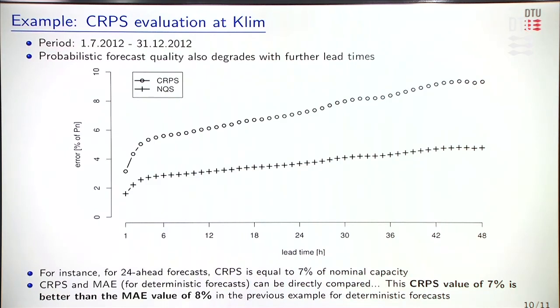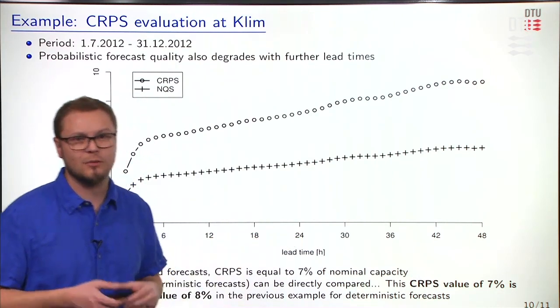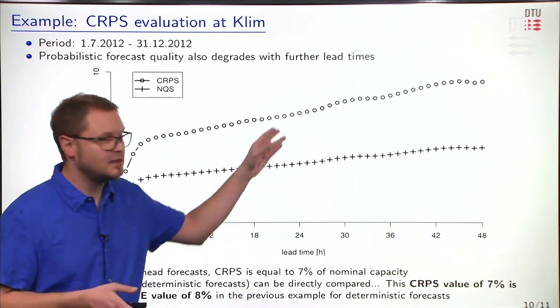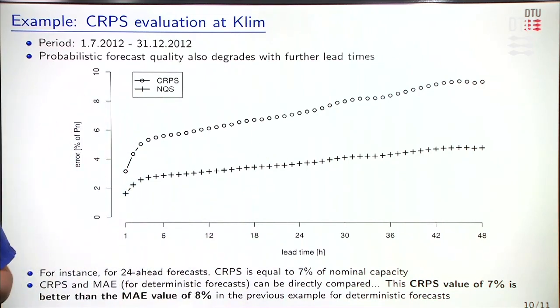So these two can be directly compared. In the previous block, we mentioned that for this lead time, for instance, the mean absolute error was 8% of nominal capacity. Here, the CRPS is 7%. So that means somehow that this probabilistic forecast has higher quality than the original deterministic forecast.